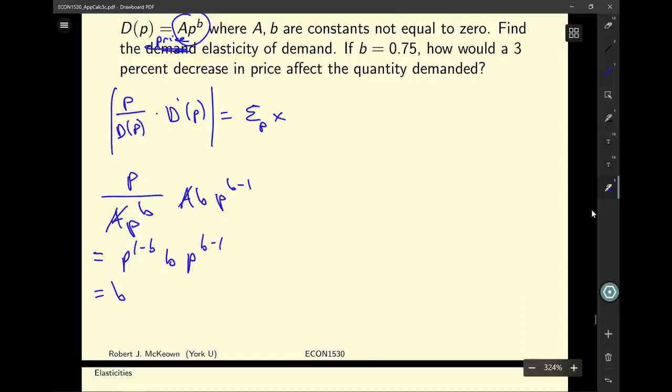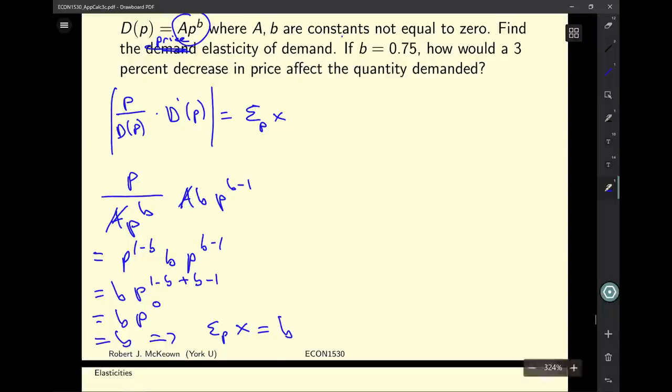What is this equal to? Well, this is B price to the power of 1 minus B plus B minus 1, which is equal to B, P to the 0. What's that equal to? Well, it's just equal to B. So we end up with the price elasticity of demand is just equal to B.